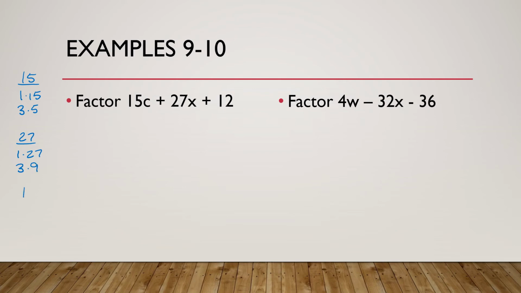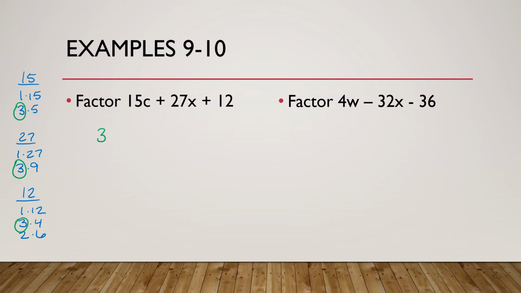Our factors of 12, 1 times 12, 3 times 4, 2 times 6. So we're looking for the greatest one that they have in common. So this one looks like 3 is going to be the greatest one that they've all got in common. So we're going to factor out a 3.